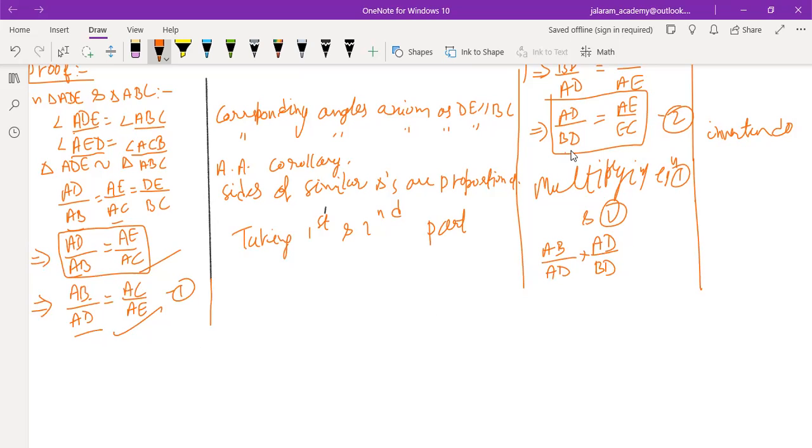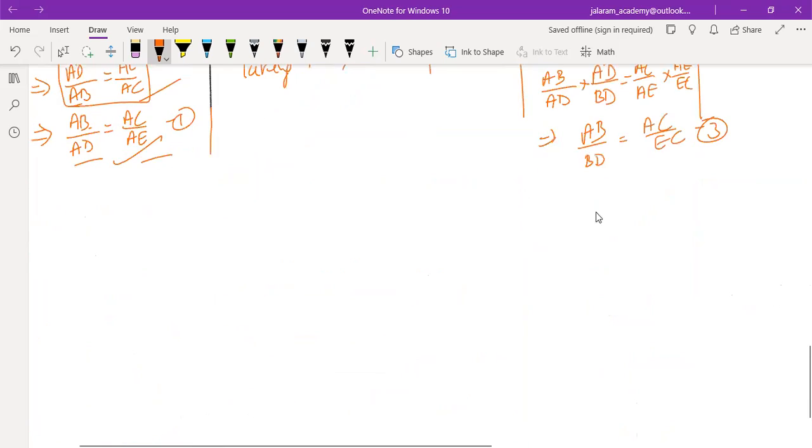So AB upon AD into AD upon BD equals the right hand sides, which are AC upon AE into AE upon EC. Look at this. This AD cancelled out, so it is AB upon BD equals AE also cancelled out, AC upon EC, which is the third proving. Hence proved.